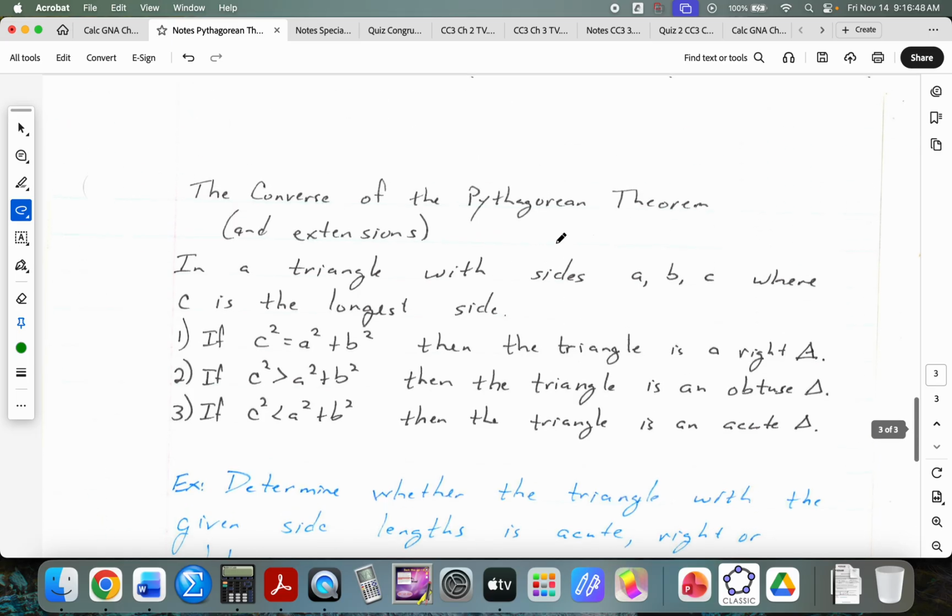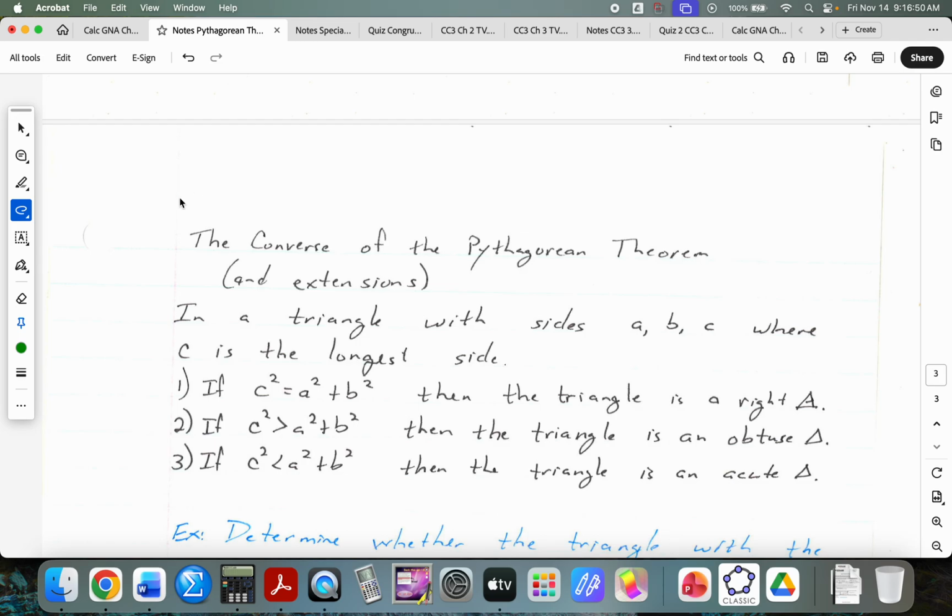However, let's think about this for just a second. Let's say I started with a right triangle. You don't need to draw this. And I kept these two sides the same, but I made this side longer, but still kept it a triangle. If I lengthen this side, what's going to happen to this angle?